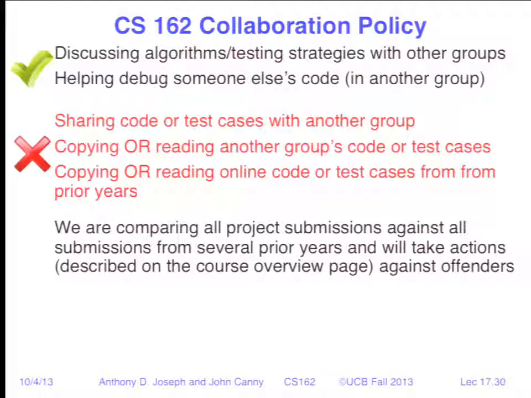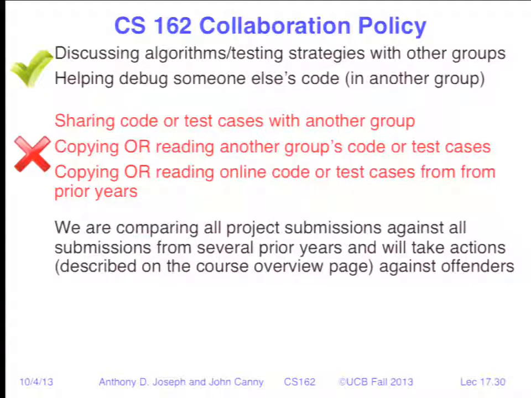What's not OK? Use common sense, right? If you find solutions online from somebody who took this class a couple years ago, that's not an acceptable solution. Even looking at those is not, because that's going to cloud and color the way you do your implementation. It turns out these projects have enough flexibility in the way you can do things that it's like a fingerprint when someone writes their code.